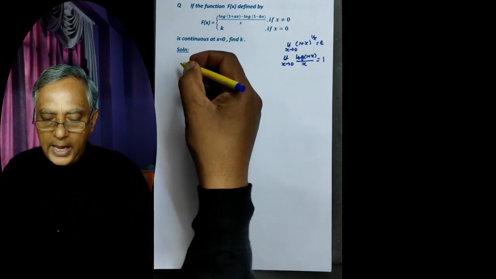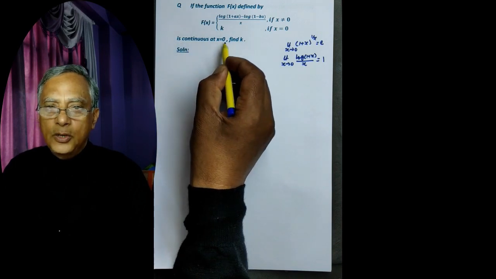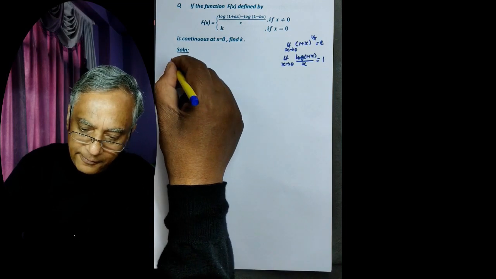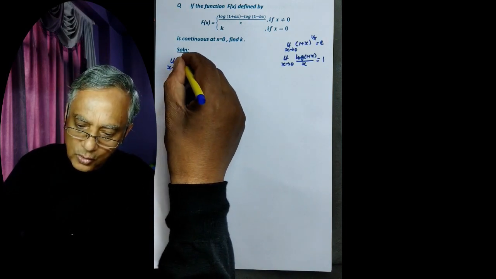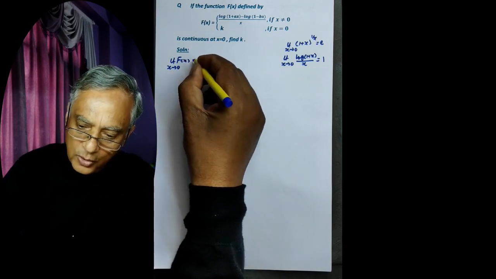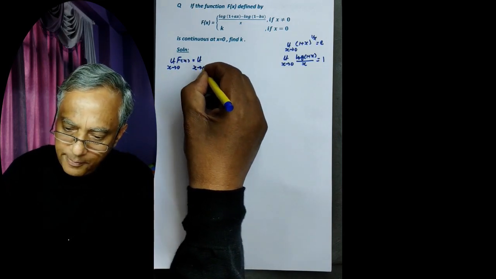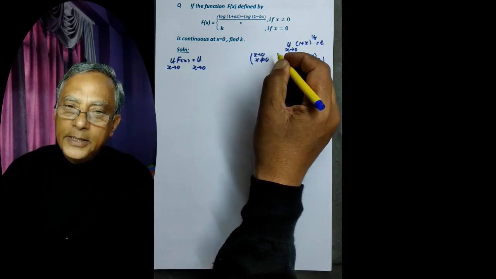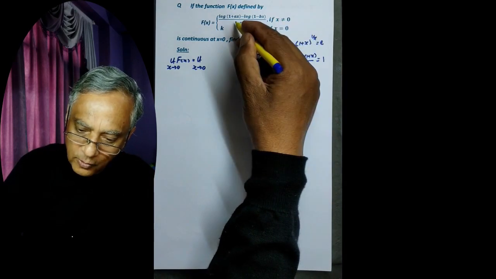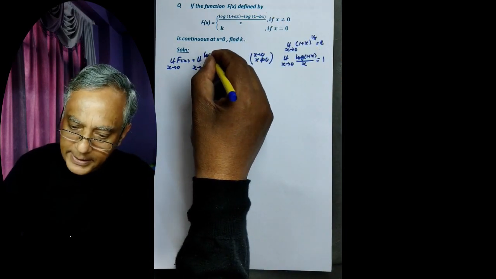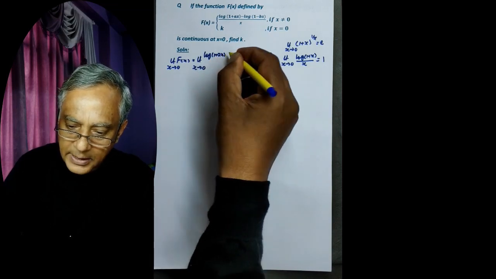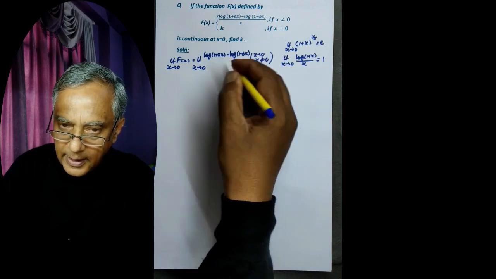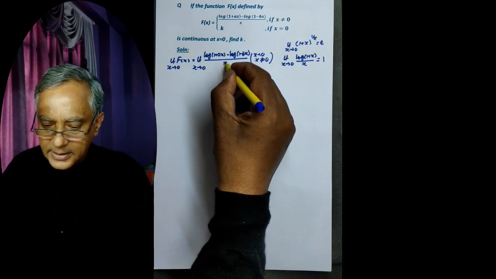Now for continuity we have limit x approaches 0, f(x) must be equal to f of 0. So first we find limit x approaches 0 of f(x). Now x approaches 0 means x is not equal to 0 and therefore this definition will be used. So log of (1 plus ax) minus log of (1 minus bx) whole divided by x.